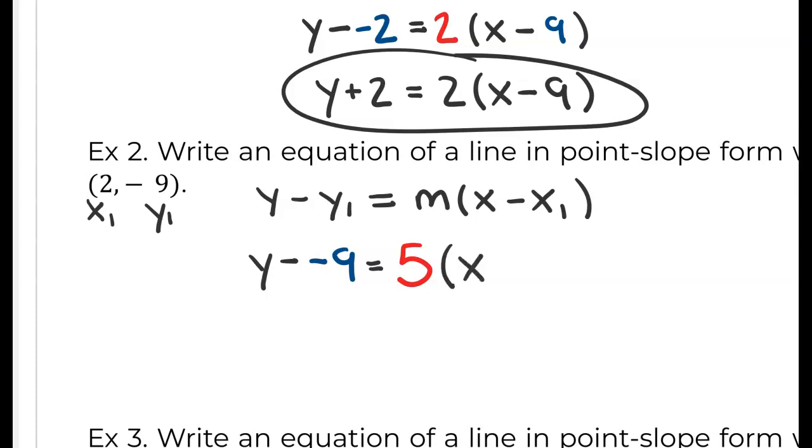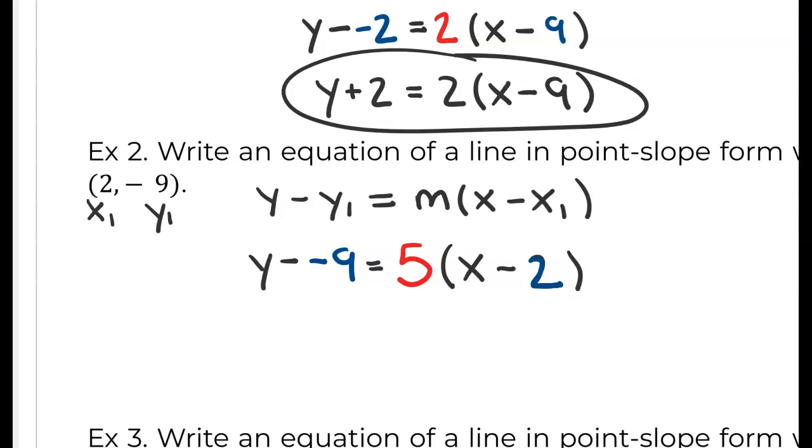Then x minus whichever our x1 is, and that's 2. I could write +2, but writing minus plus is just the same thing as minus, so we just plug in 2.